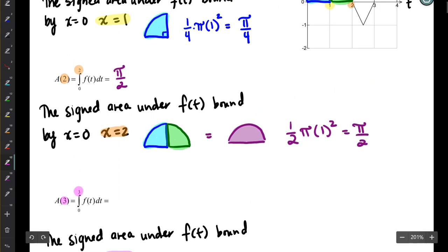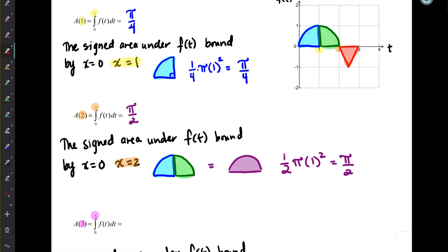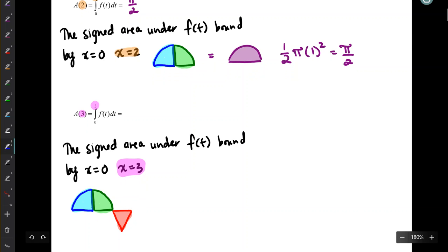So that area is the area we've found thus far, right? Here was a quarter pi, then we went 2/4 pi, i.e. half pi, and then now the area below the x-axis is negative, right? That's what we mean by a signed area. If you were estimating this with Riemann sums, the heights, the y values of all of your rectangles would be negative. So I just copied that drawing right here. What is this area?